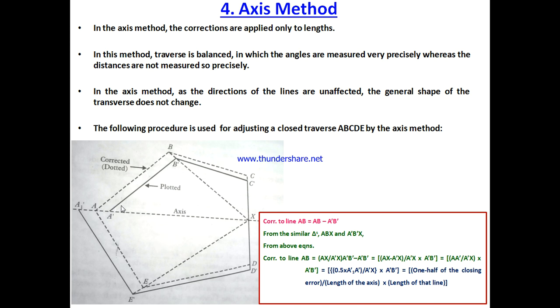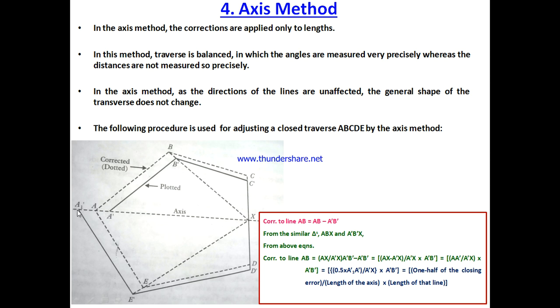After locating this particular point X, you do not have to worry about how to do it. Just first of all, you have a traverse which is not closed, okay. Now you have determined this value A1 dash A dash.